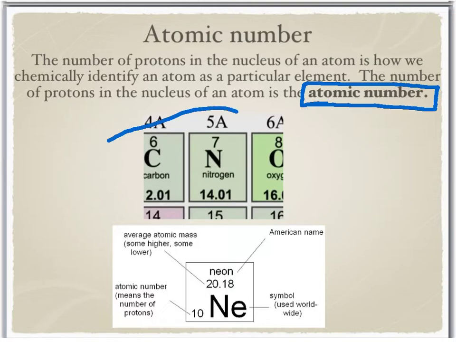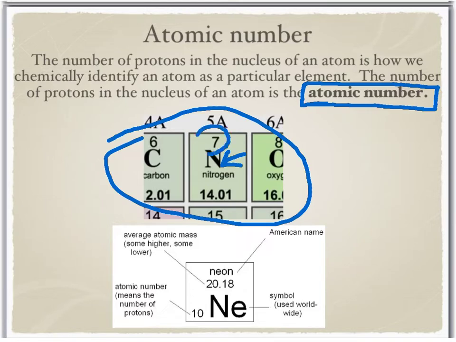Now, when you look at the periodic table, in each little box the element resides, and there is a symbol for the element, like here N is nitrogen, and we see a whole number. The whole number is the atomic number, and that tells us how many protons there are in the nucleus of the atom.